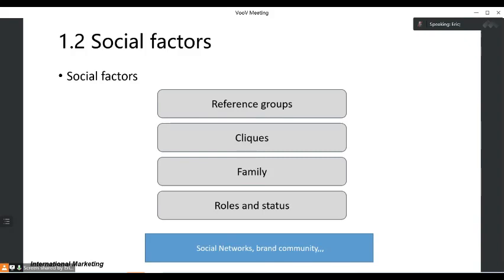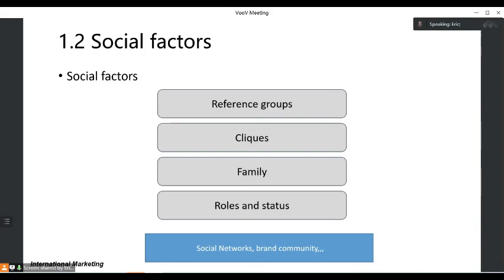Because of the internet, more and more online brand communities are established, and we spend much of our time in them. So these are all the social factors.